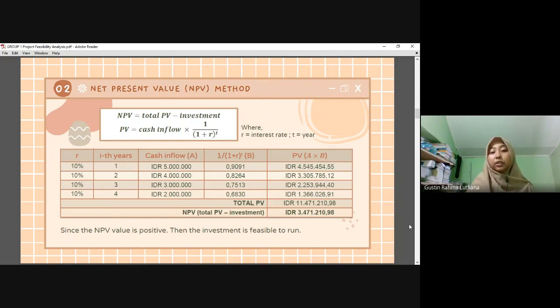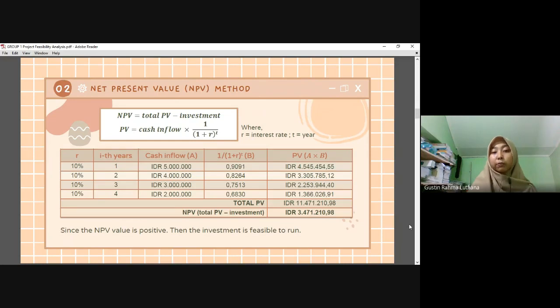We let cash inflow be A and let 1 over 1 plus R powered by T be B. So PV is equal to A times B. For example, for the calculation, first we have R equal to 10%, and for the first year we have B equal to 1 over 1 plus 10% powered by T. So we have B equal to 0.9091.